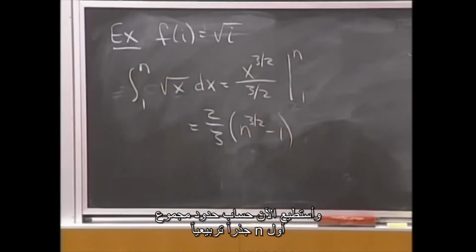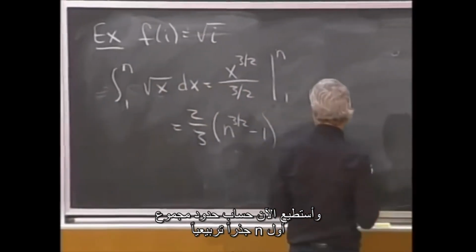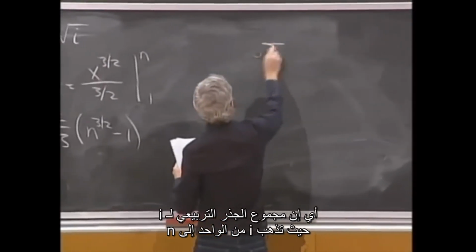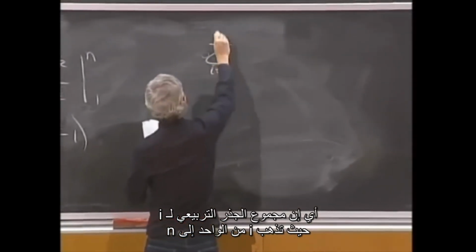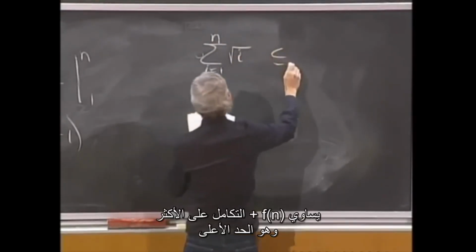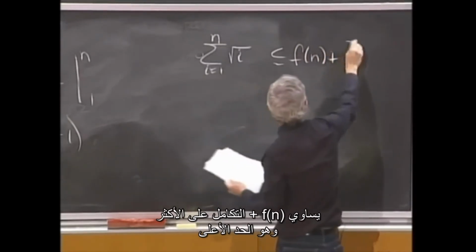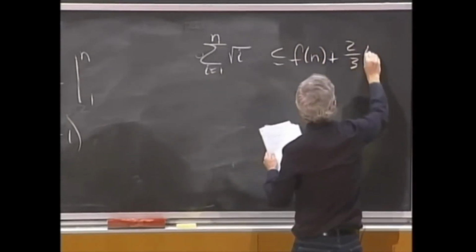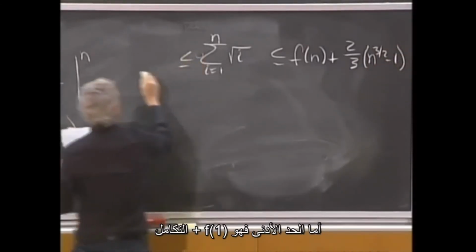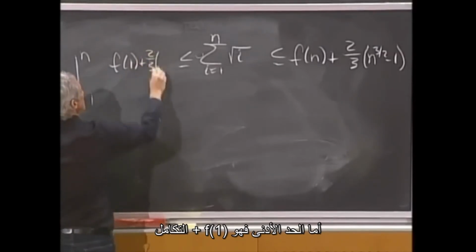And now I can compute the bounds on the sum of the first n square roots. So the sum of square root i from i equals 1 to n: well, the upper bound is f(n) plus the integral. And the lower bound is f(1) plus the integral.